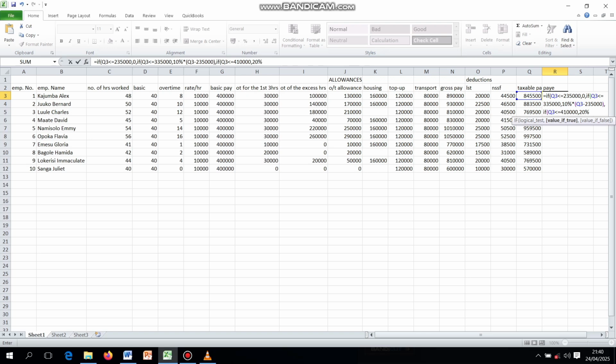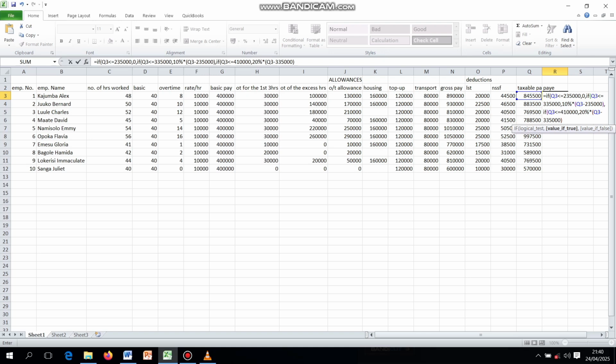Then I will multiply it with what will be in the bracket, and that will be the taxable pay when I subtract off the 335,000, and I close the bracket.